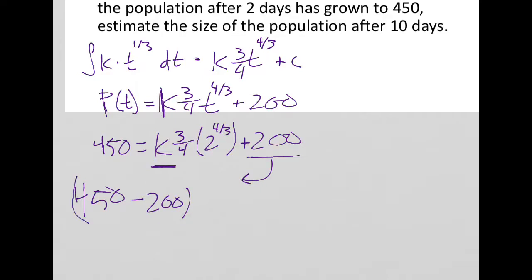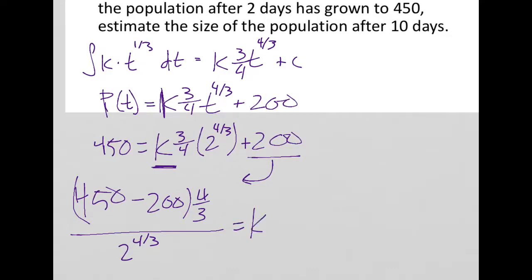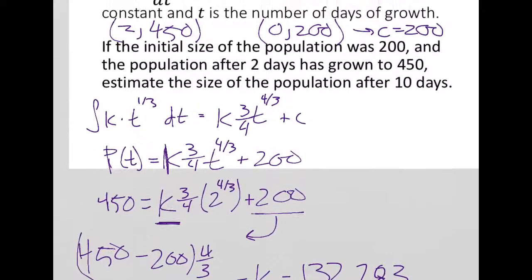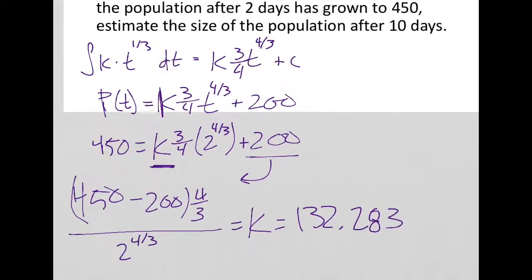And then I'm going to multiply that by the 4/3. And then I'm going to divide all of that by that next coefficient on k, 2 to the power of 4/3. I don't care if you do this in pieces and get actual numbers, but you should be able to work backwards and get k by itself. To find that k is roughly 132.283.